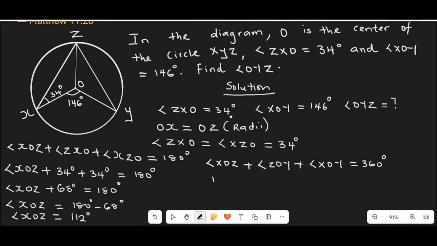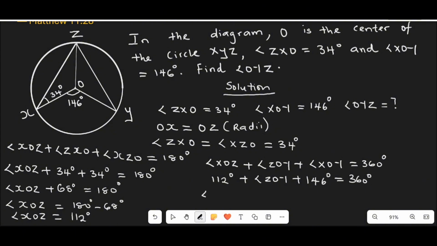So 112 degree plus angle ZOY plus 146 degree equal to 360 degree. So let us transpose this angle and this angle to the right hand side.